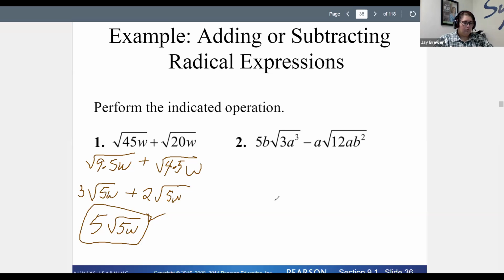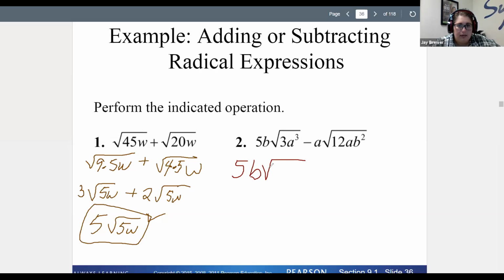The difference, of course, will be when we start multiplying. So don't get confused. All right, so 3a cubed. Do you think we can do anything with 3a cubed? What can we do with 3a cubed?